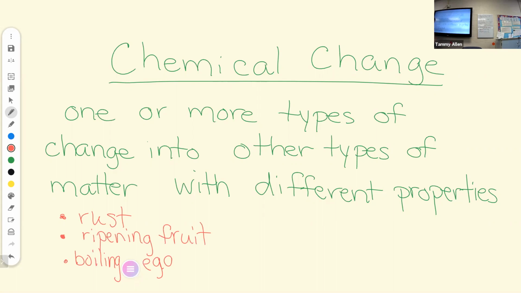Yeast is an animal? You taking notes? It's a little yeast animal.